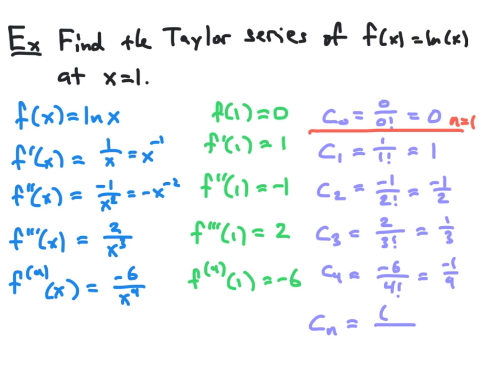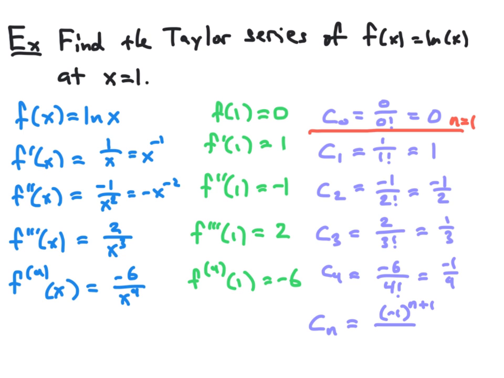So this gives us a possible formula for our numerator of negative 1 to the n plus 1. If n is an odd number, then our numerator is negative 1 raised to an even number, n plus 1, and therefore is positive 1. And if n is an even number, the numerator is negative 1 raised to the odd number, n plus 1, which is negative 1. And so this will give us our alternating sign in our numerator.